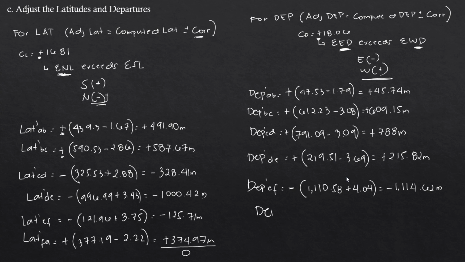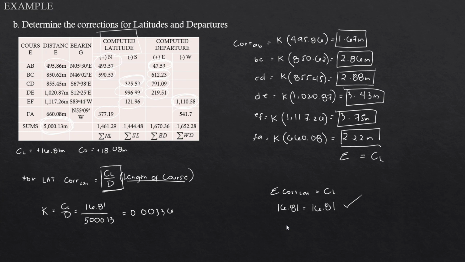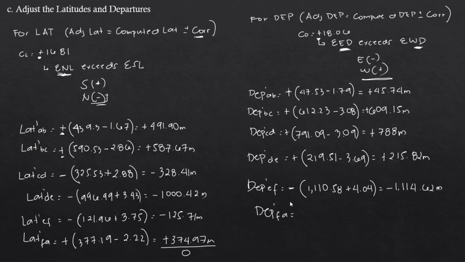Then corrected departure ng line FA. Okay, so nasa west, 541.7. Then correction niya is 2.39. So negative 541.70 plus 2.39. So ilan to?